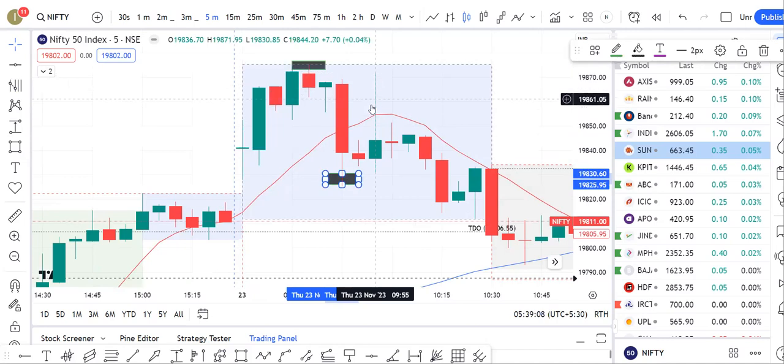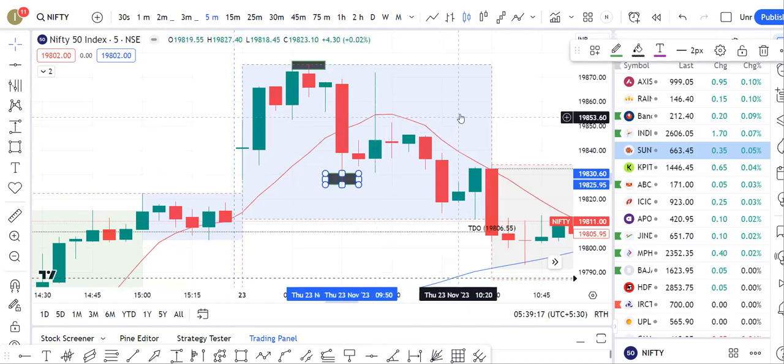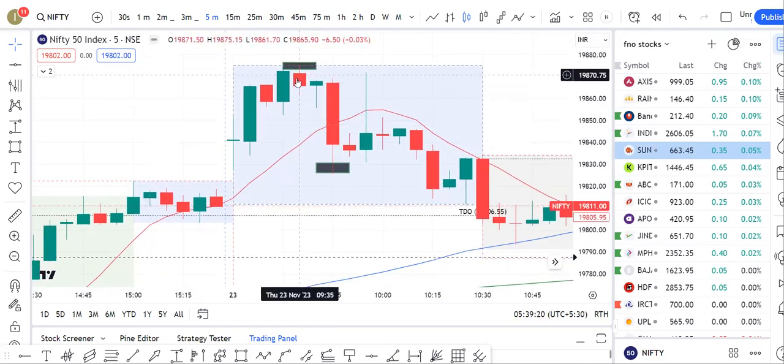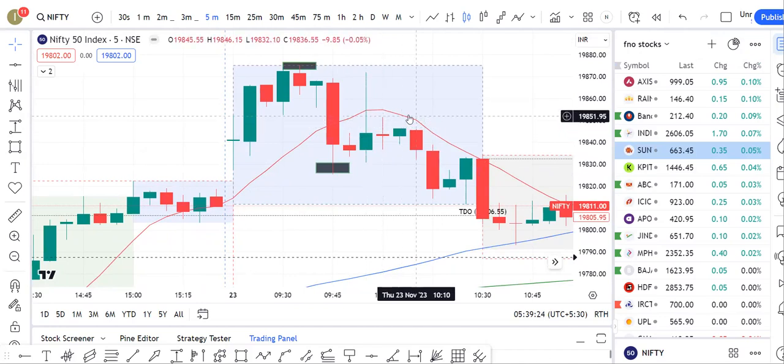Immediately it got rejected and closed over here. That is an indication that the market is not going to go up, and this market shift has been confirmed, and you can easily take the trade in this time frame.